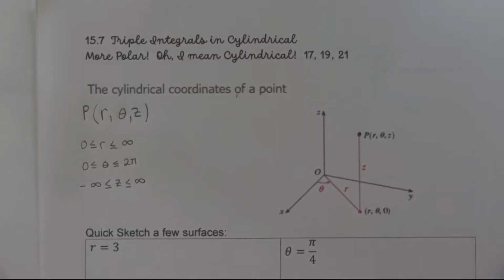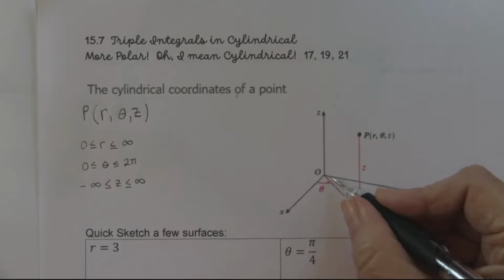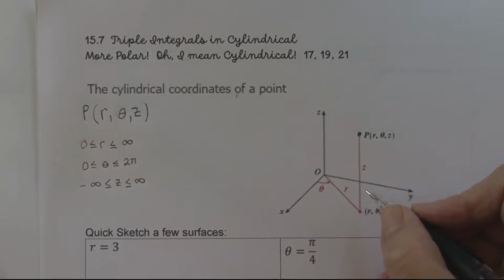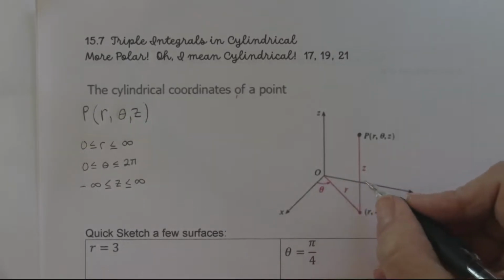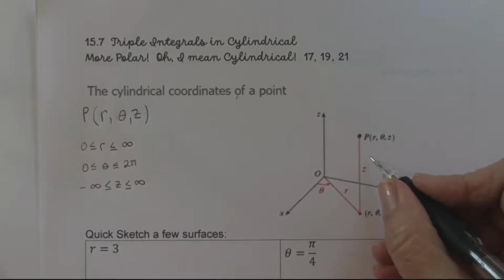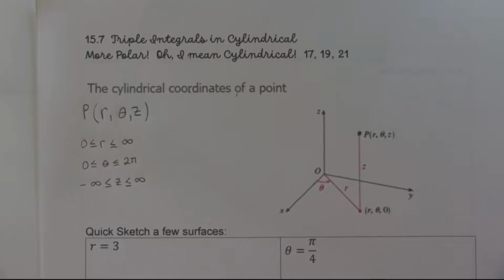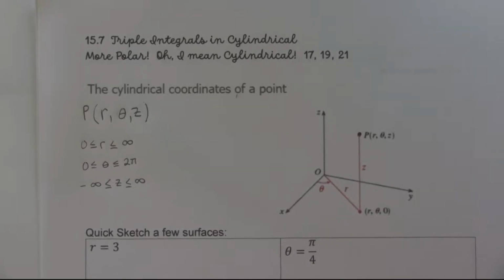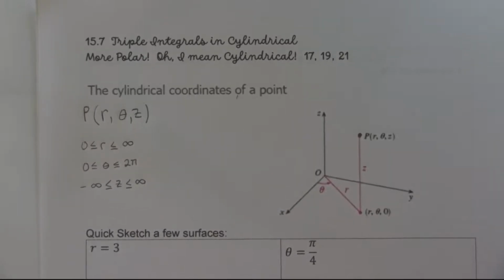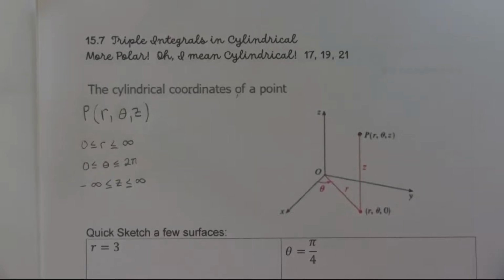You definitely can do that. I'm not very good at plotting points, except if it's pi over 2, then I'm really good at that, because that would just be the y-axis, and then r however far up, and then up from there. Otherwise I'm not the greatest at plotting them.